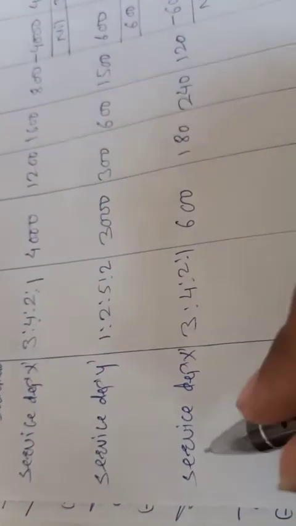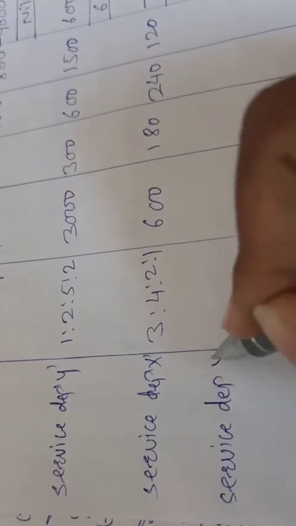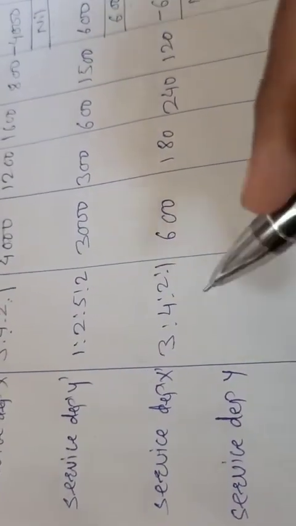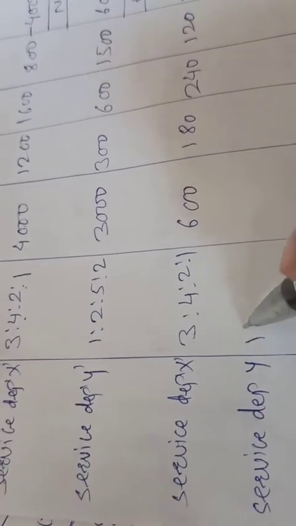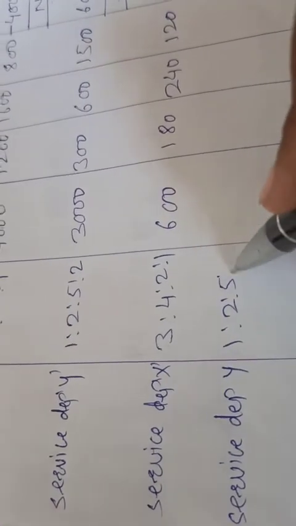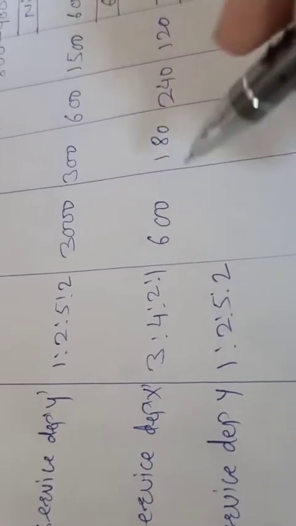Next is service department Y. We repeat the steps, 1:2:5:2.